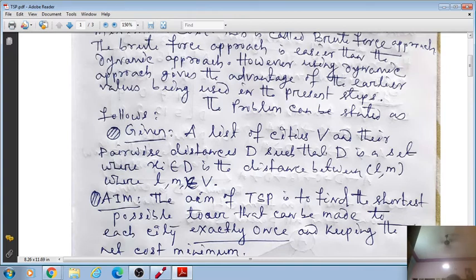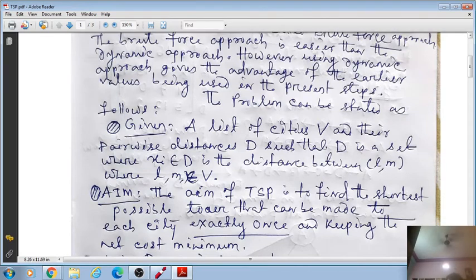The salesman travels from city to city, and that is called the tour. The tour must visit each city exactly once.